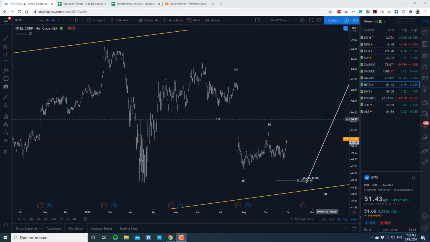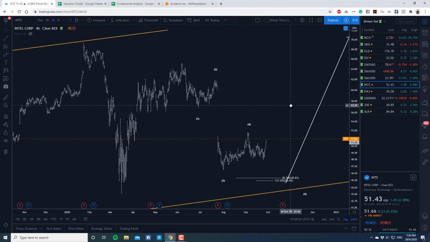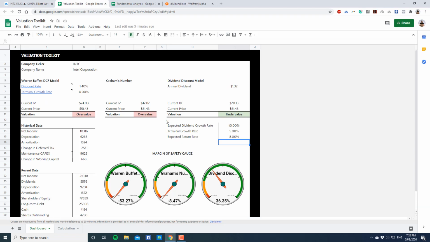So let's talk about Intel over here, INTC. Now I'm using some of the toolkits that in a very short period of time I'll release to you guys, because in this Google spreadsheet there are certain formulas running behind, and recently we did have some hiccups from the coding side of it, because certain websites have started to block how we can extract certain data.